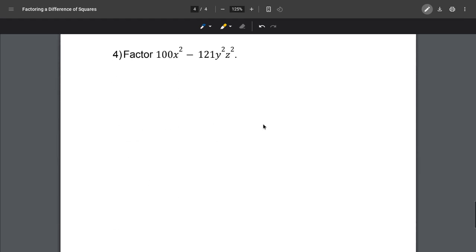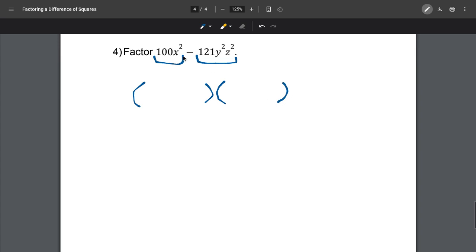All right, this last one, we're going to factor 100x squared minus 121y squared z squared. Okay, so this is going to factor into, I'm going to write it down here to make a little extra space. Well, first off, we're going to take the square root of 100x squared, which is 10x.